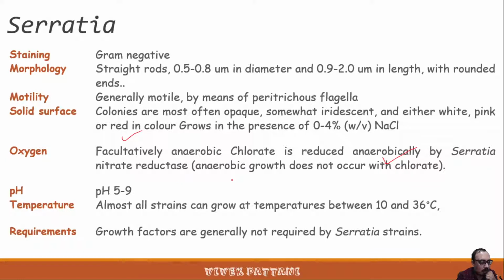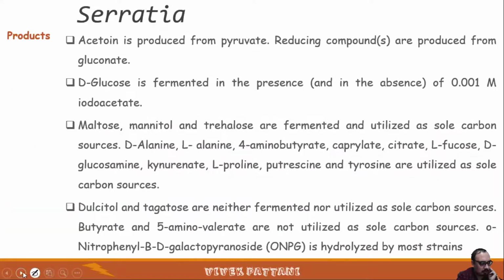One important note: anaerobic growth does not occur with chlorate. They have an optimum pH of about 5 to 9, and almost all strains can grow in a temperature range of 10 to 36 degrees Celsius. There are no special growth requirements for Serratia strains.